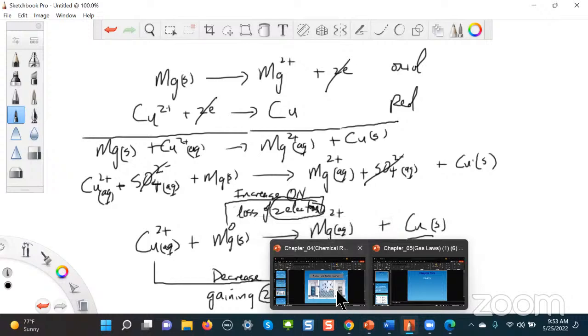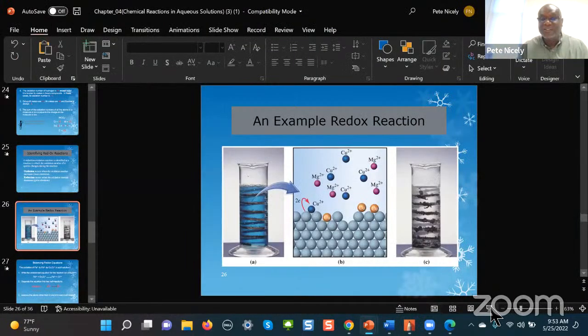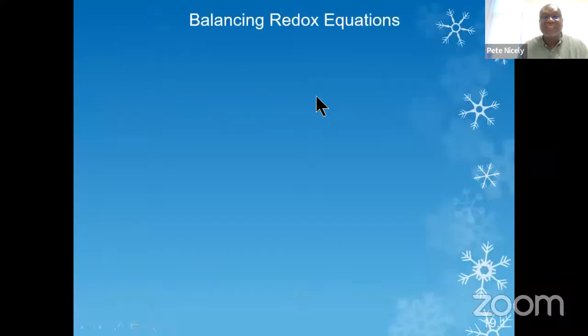All right. So let me move on now to discussing balancing redox equations, right? So the thing about balancing redox equations is that if you try to balance equations like this in the traditional sense, the way that we have been accustomed to, where we make changes to coefficients on both sides and monitor the number of atoms of each element on both sides as you go along, for a certain more complex redox equation, that would be a very arduous task, very difficult, almost impossible in most cases, right?